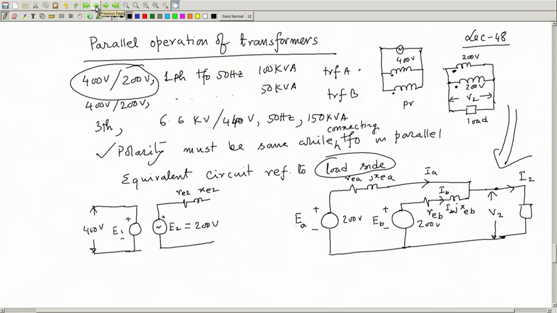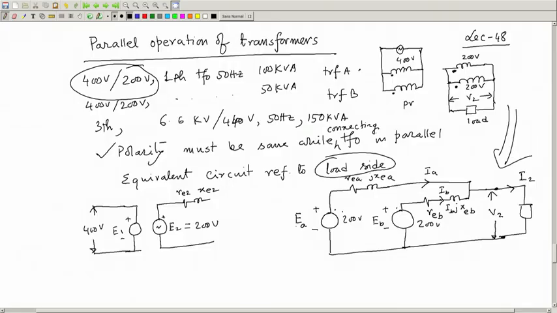The voltage rating should be the same, and while connecting them in parallel we must ensure the same polarities are connected on both the primary and secondary side. This will ensure plus here.